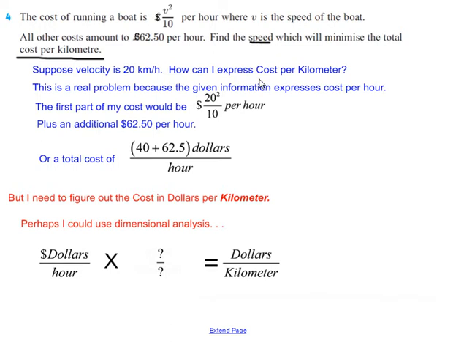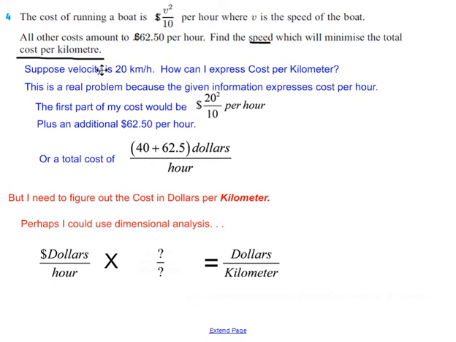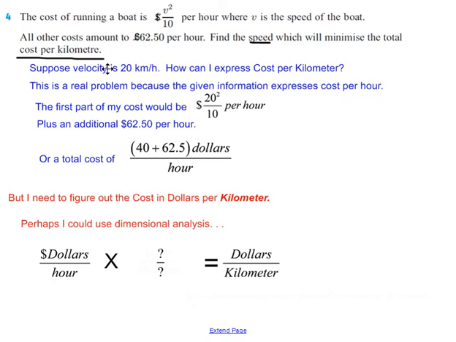This requires a little bit of understanding of rates, which is why we spent so much time studying rates at the beginning of the year. So the pieces come together if I just try to look at a sample. Let's suppose I fix my velocity at 20 kilometers per hour. How can I get cost per kilometer? That's my objective.